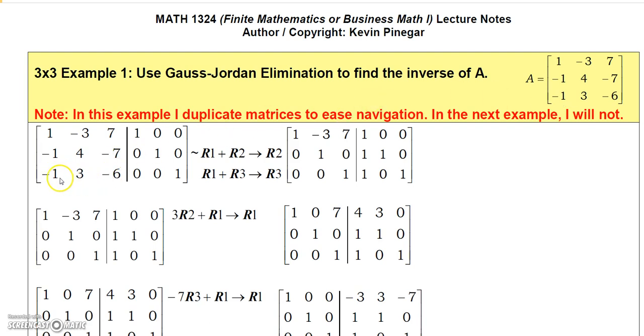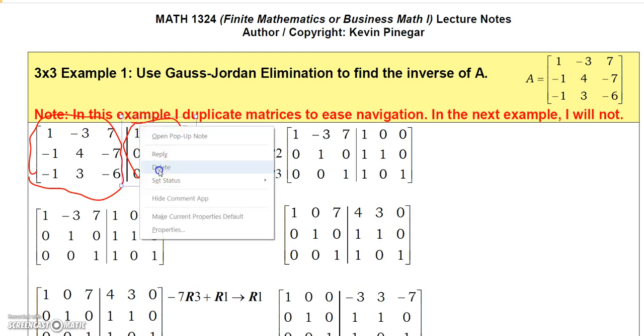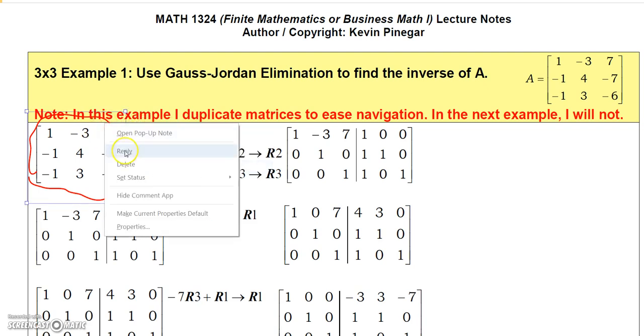So here's the matrix A. I'm going to take that matrix and augment it with the 3 by 3 identity matrix. I have to use the 3 by 3 in this case since I've got a 3 by 3 matrix that I'm trying to find the inverse of.